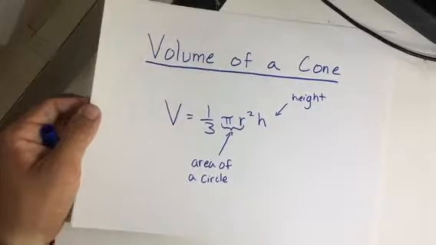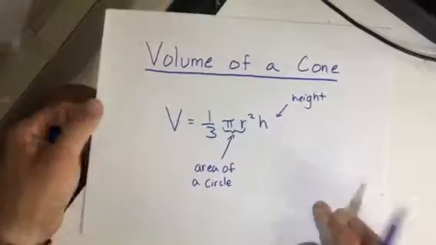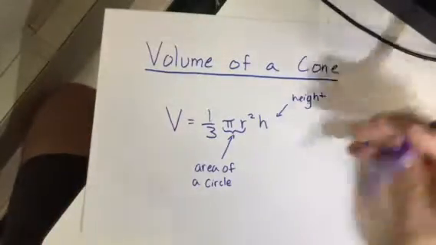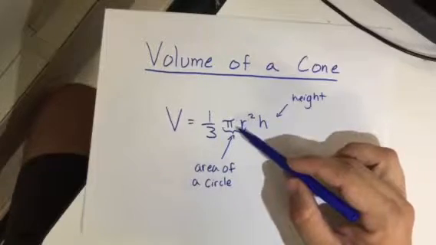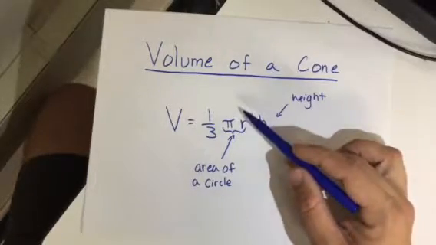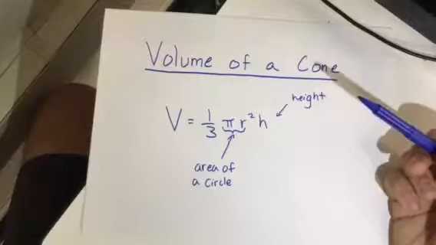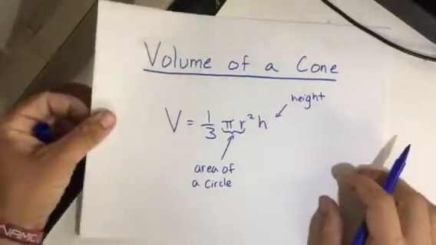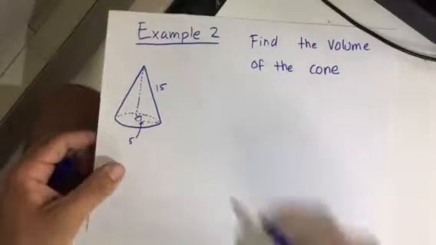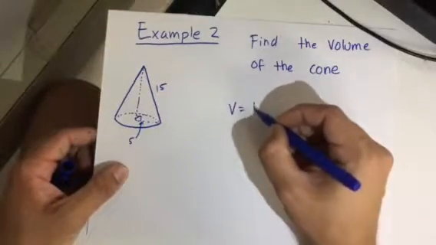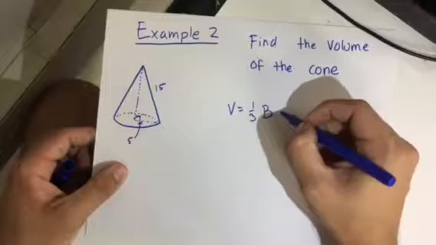Alright, so a quick example about the volume of a cone. It's going to be the same idea, but specifically the area of a circle. So instead of base area, our base area now is a circle, so pi r squared. Same thing, nothing changes. Volume equals 1/3 base area times our height.